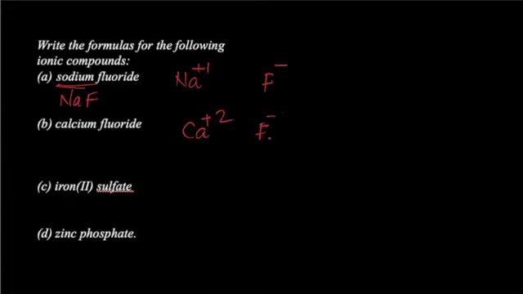To make it 0, how many calcium and how many fluoride do we have to combine? 2 fluoride and 1 calcium, correct? To make the charge 0, the formula for this is going to be CaF2, not CaF. You see that in sodium fluoride it is NaF, in calcium fluoride it is CaF2.